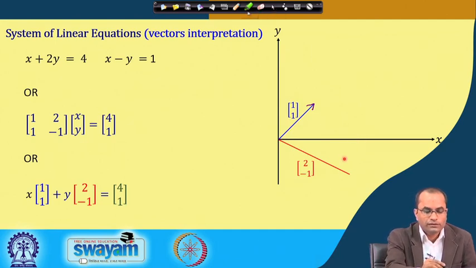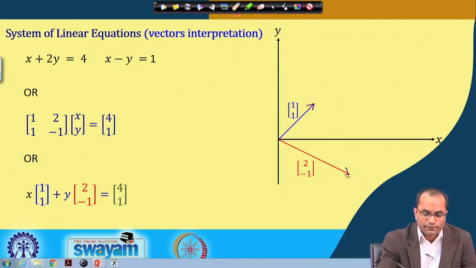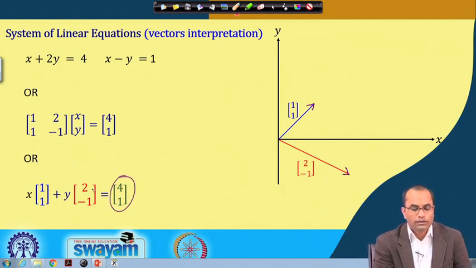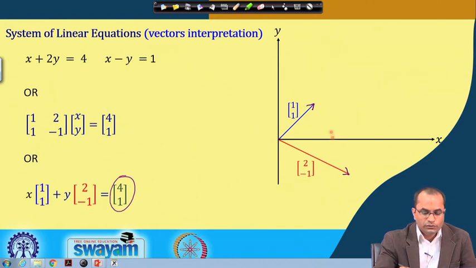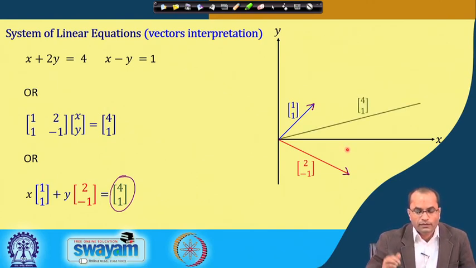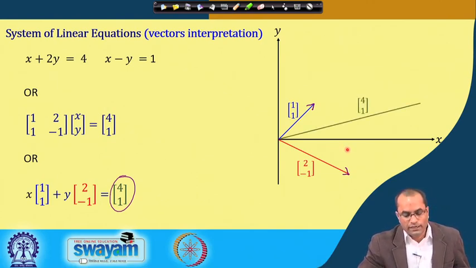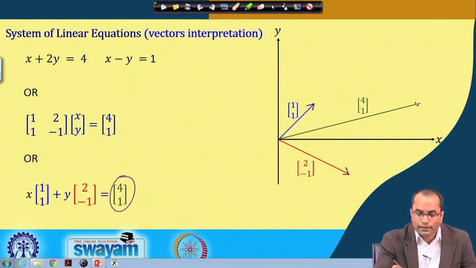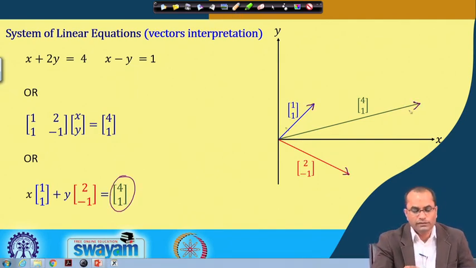So, we have another vector here, this 2 minus 1, and the third vector which is seen here in this equation, that is the 4 1. So, let us plot that too here. So, that will be 4 1. So, we have these vectors, 3 vectors. So, one is 1 1, then 2 minus 1, and then we have this 4 1.